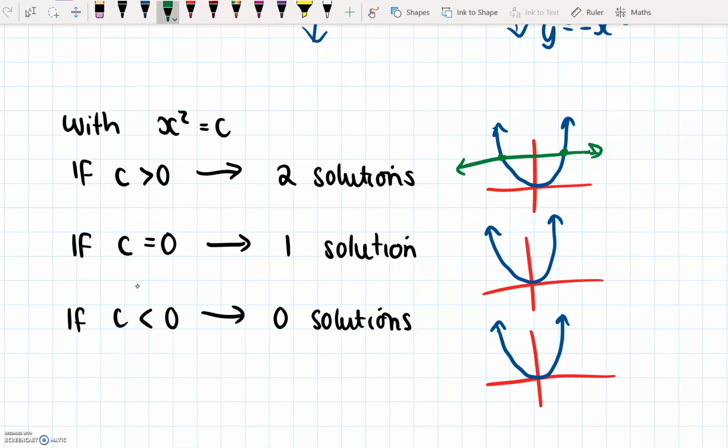In the second example, if c is 0, then our c is going to be this line across here, and you can see it only meets it once. If c is less than 0, you can see that this is our c line down here somewhere. It's below the 0 line for the x-axis, and therefore there are not going to be any solutions because the lines never meet.